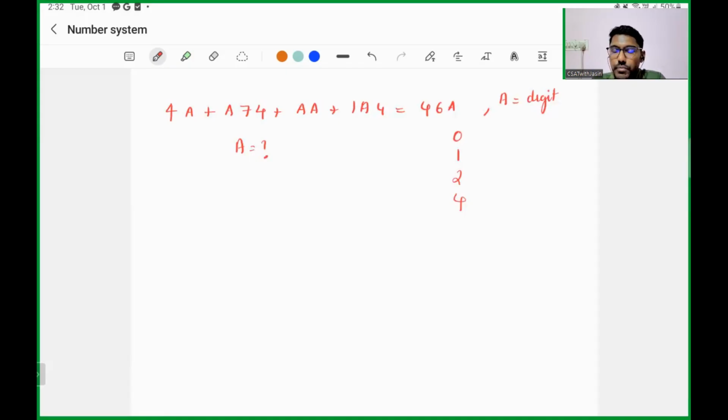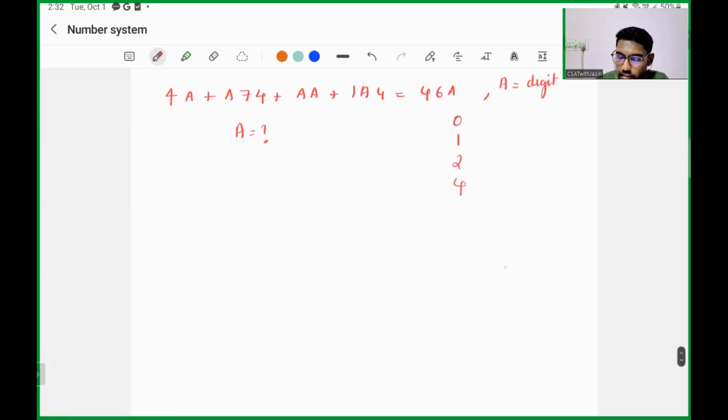First of all, what do you mean by a digit? If I give you a number 32, 32 is a number. It's a two-digit number because there are two digits. Here 2 is a digit and 3 is a digit, and 32 is a two-digit number.